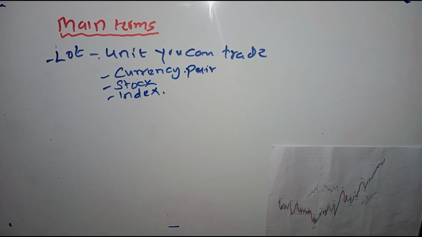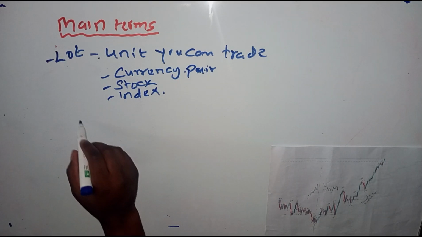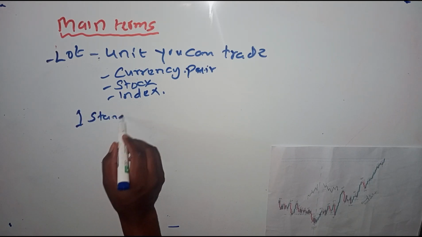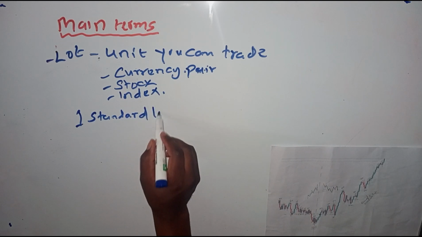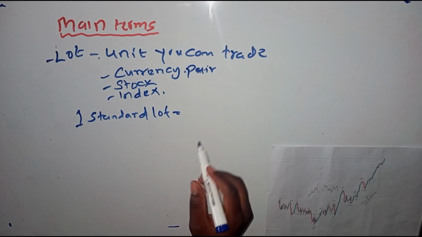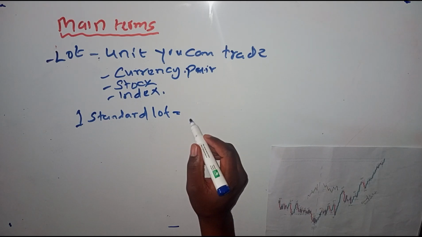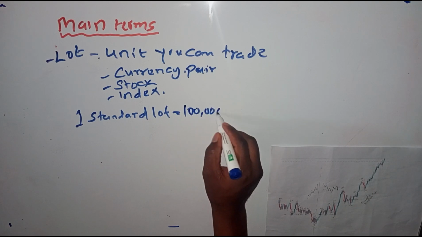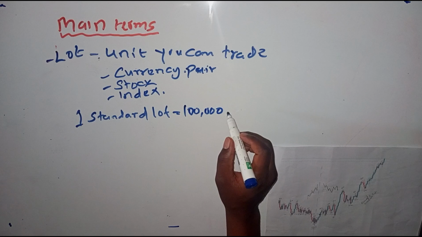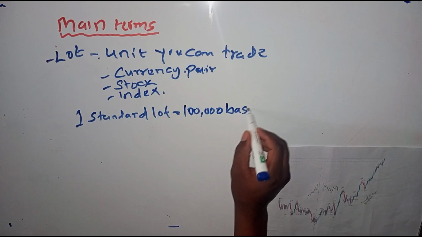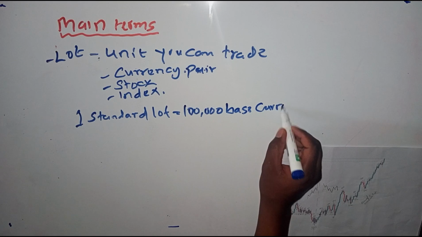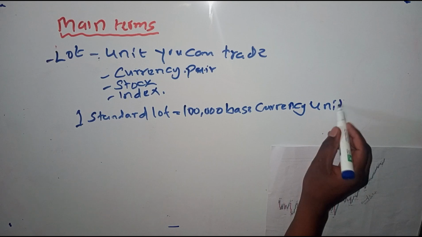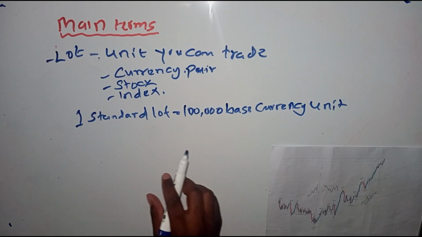So in forex, one standard lot equals 100,000 base currency units.